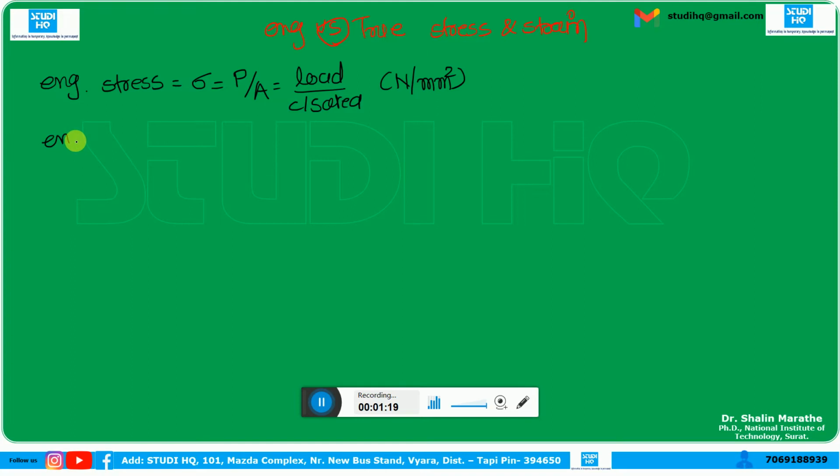And engineering strain, that is epsilon, that is delta L upon L, or we can say change in length upon the original length.